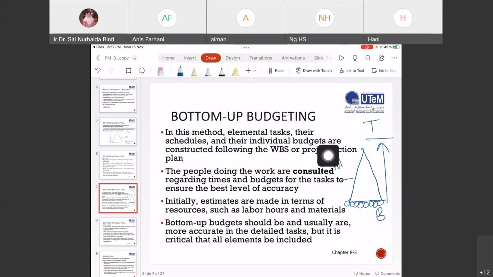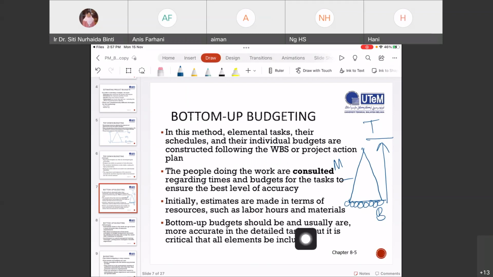The schedules and their individual budgets are constructed following the WBS or Project Action Plan. So the people doing the work are consulted regarding times and budgets for the task to ensure the best level of accuracy. Initially, estimates are made of resources such as labor hours and materials.